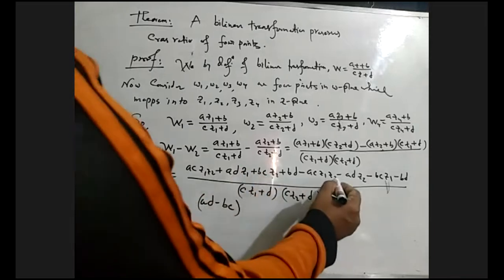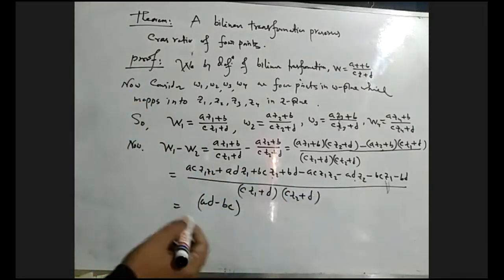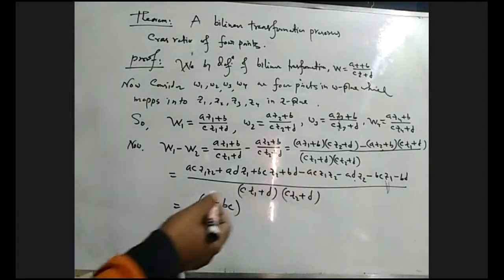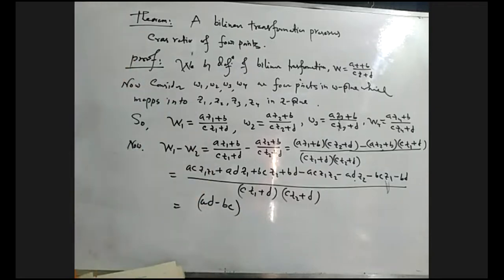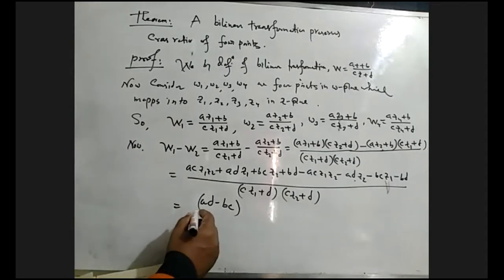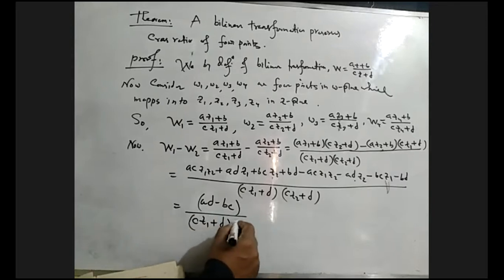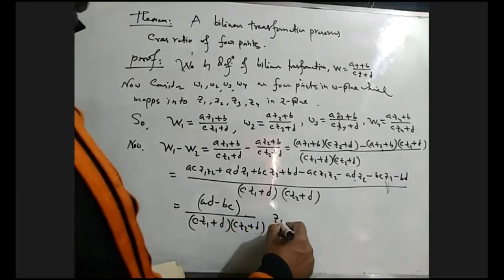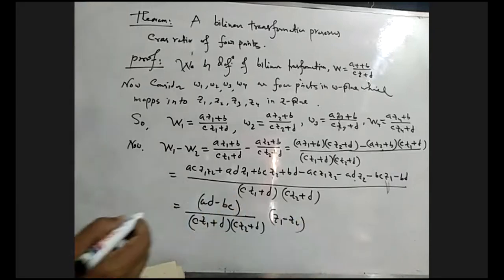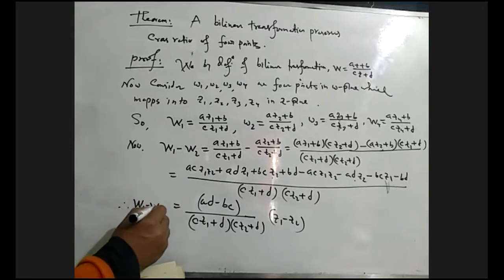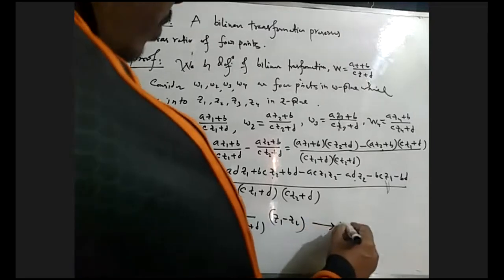From the Z2 terms, taking Z2 common, we get BC minus AD. That means we take (AD minus BC) divided by (CZ1 plus D)(CZ2 plus D), with Z1 minus Z2 common. Therefore, W1 minus W2 is this one. This is equation number 1.